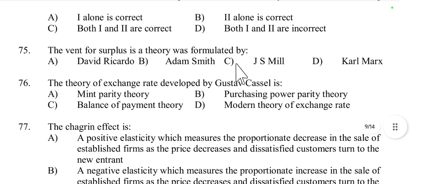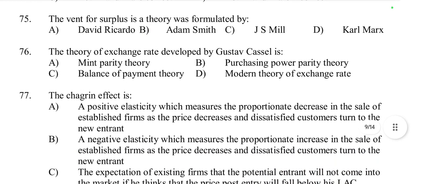Then question 75. Vent for surplus is a theory formulated by David Ricardo, Adam Smith, Mill or Karl Marx. It was given by Adam Smith. Vent for surplus means what? It is a theory formulated by Adam Smith and later revised by Hla Myint.